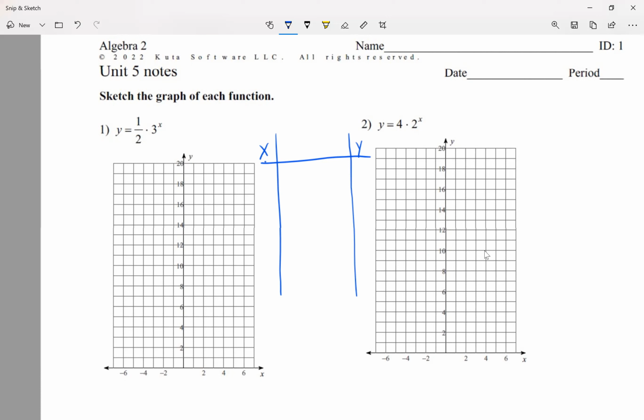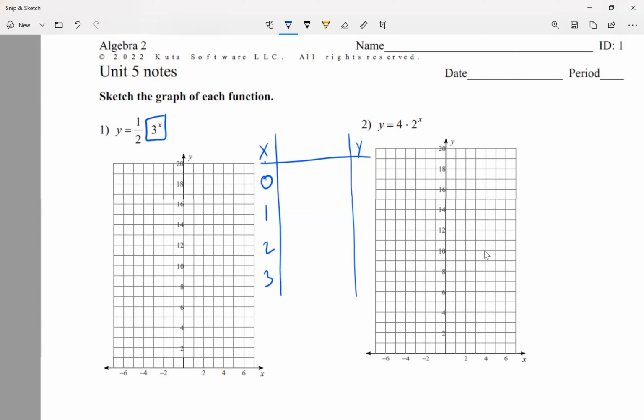Now, for the x value, when the base is more than 1, I'm looking at the base here, 3 to the x. The base is 3. When the base is more than 1, my x values are going to go up. So I start with 0, and I'm going to choose 0, 1, 2, 3, and as far as I want, I'm going up.